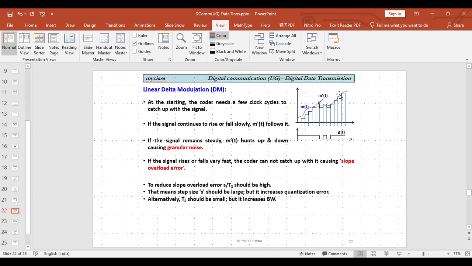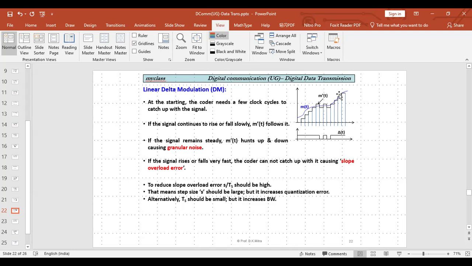Then the problem is, if you increase the step size, then you remember the quantization error in each step is s square by 12, where s is the step height. So if you increase the step size, then your quantization error increases. Other option could be you decrease the time scale.